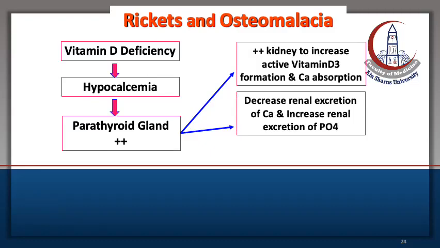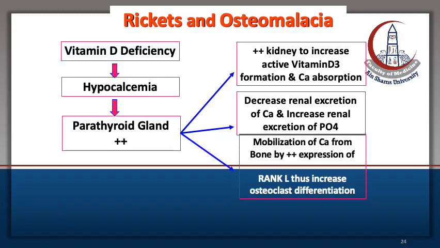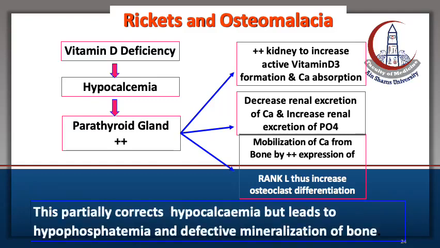Thus, the calcium phosphate level will be abnormal in the bloodstream, preventing the normal mineralization of bone. On the contrary, it will mobilize the calcium from the bone by stimulation of osteoclast differentiation to maintain the calcium level normal in the bloodstream. This will correct the hypocalcemia, but will lead to hypophosphatemia and defective mineralization of bone.